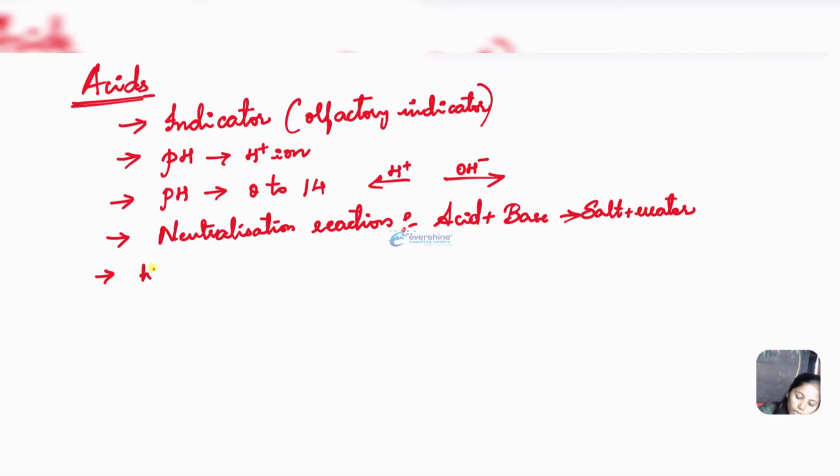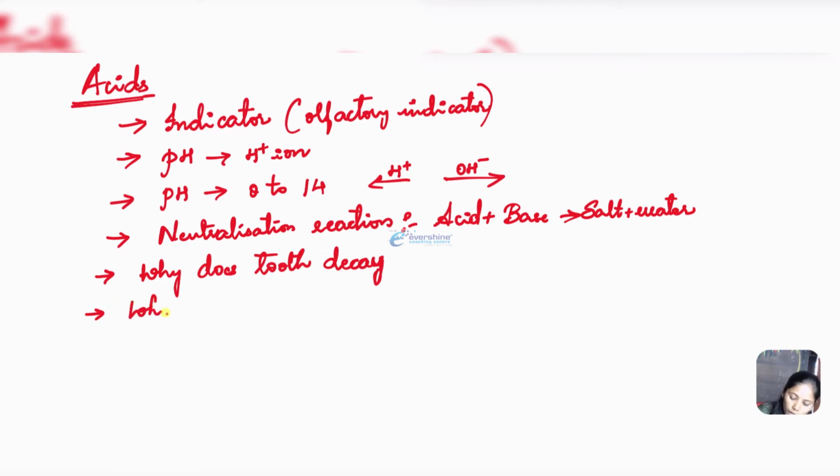Another important question is, why does tooth decay? You need to study this for the exam. The food stuck in the mouth is degraded by bacteria. Bacteria release acid, so the pH of the mouth decreases below 5.5, hence tooth decay.